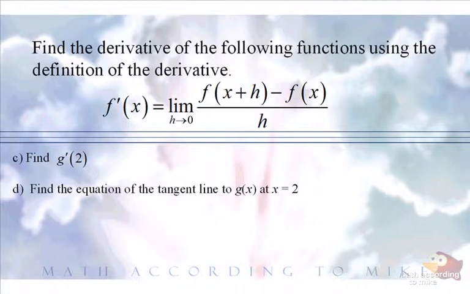Part C. Find g prime of 2. Well, previously we found g prime of x was 2x minus 9. In other words, we made a whole new function, just happened to be called g prime. So when we want to find g prime of 2, what do we do with that 2? Plug it in. Is that okay?